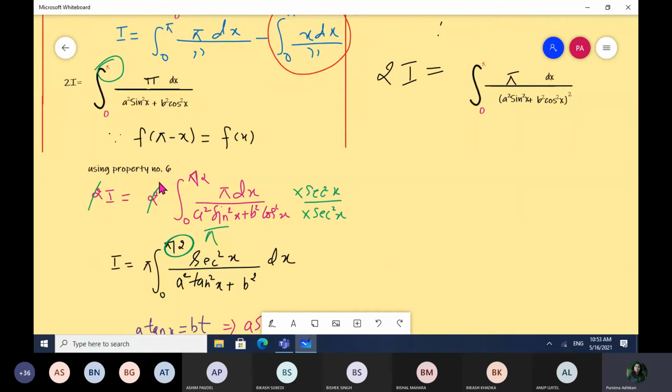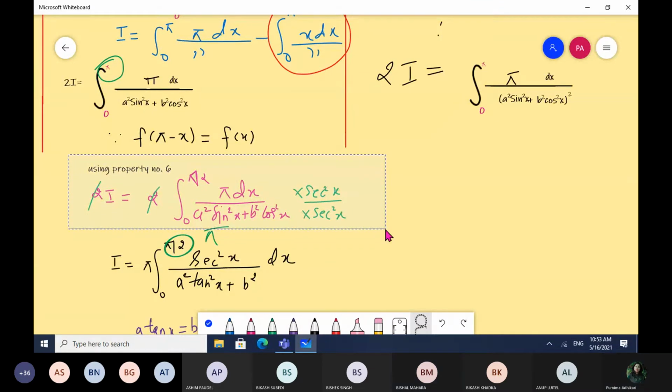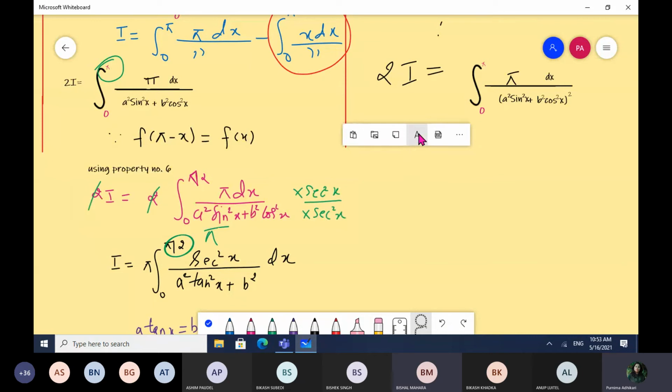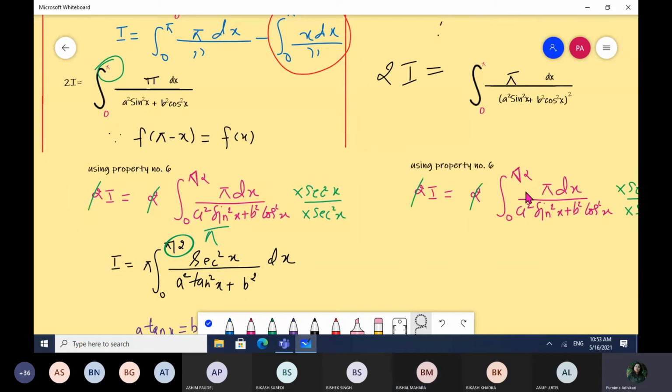So we will do the same steps, using property number 6 and so on.